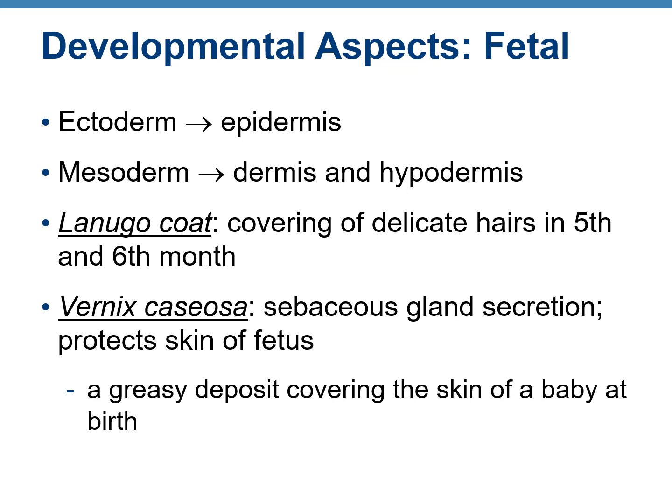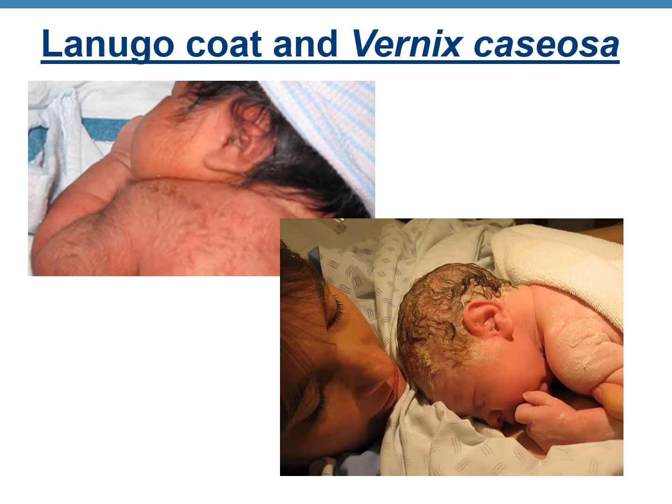That's why this oily secretion comes in handy. So here you can see lanugo coat and vernix caseosa, and this baby is already born. Maybe this baby was born premature and it still has this lanugo coat, but it will disappear in a couple of weeks. And this yellow substance covering this baby is vernix caseosa, that is the secretion of oil glands.